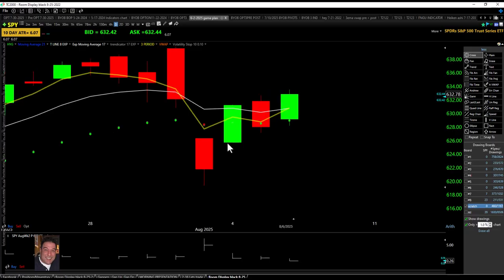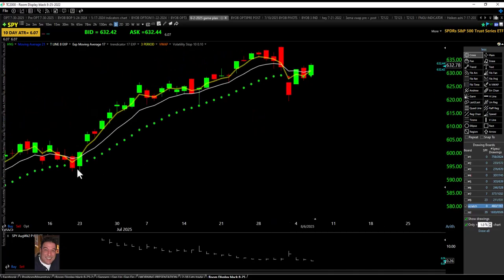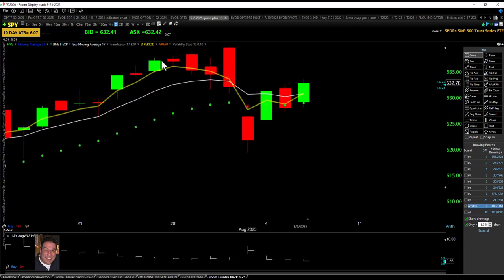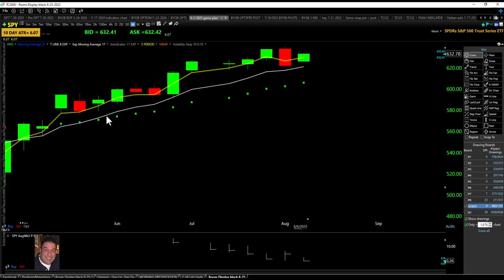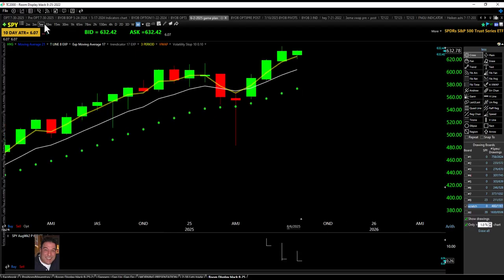Daily's still in an uptrend because they haven't taken out this low down here. On the weekly, see all the green dots, obviously. Weekly uptrend. Monthly, see all the green dots, still a monthly uptrend. So there it was, 10-minute inside the 2-hour, inside the daily, inside the weekly, inside the monthly. My favorite trade right there.